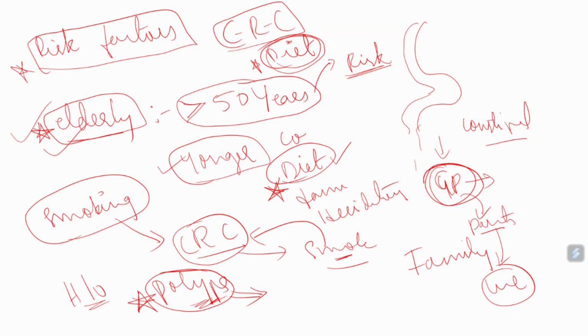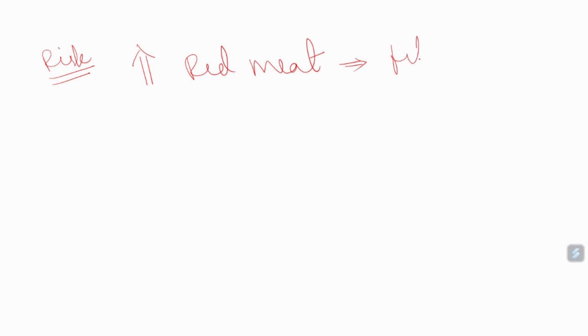And one more very, very important risk factor of causing colorectal cancer is excess intake of red meat, or any other meat items. Because meat is a very important dietary factor which does not have fiber.